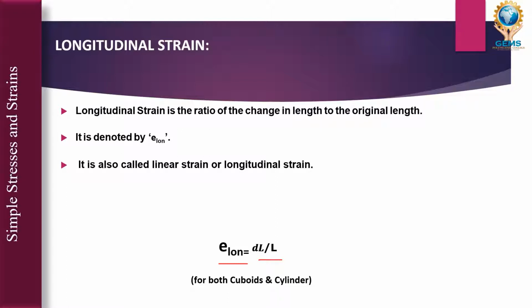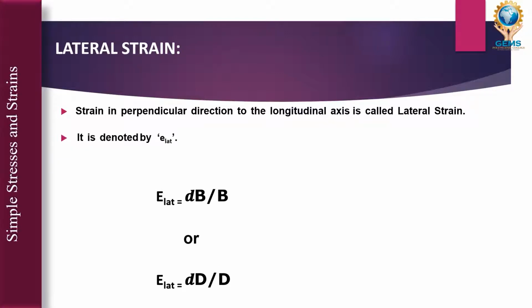Now we will see the next slide, lateral strain. The strain at right angle to the direction of applied load is known as lateral strain. In other words, a strain in the perpendicular direction to the longitudinal axis is called lateral strain.